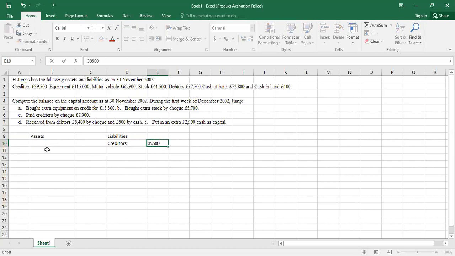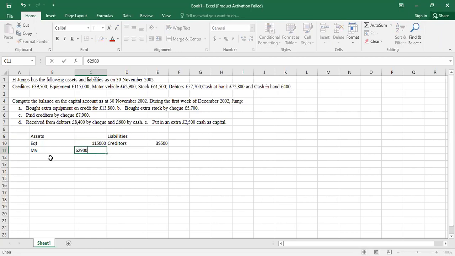We go on. The next item is equipment. Equipment is an asset. Let me just write EQT in the interest of time, and it is 115,000. The next item is motor vehicle, denote it as MV, and the value is 62,900.